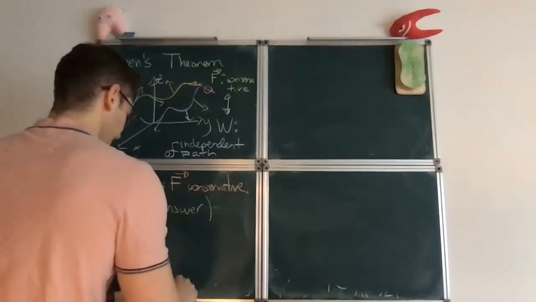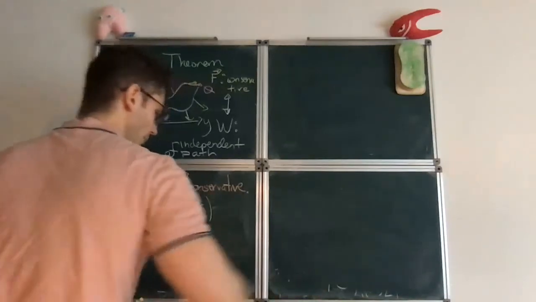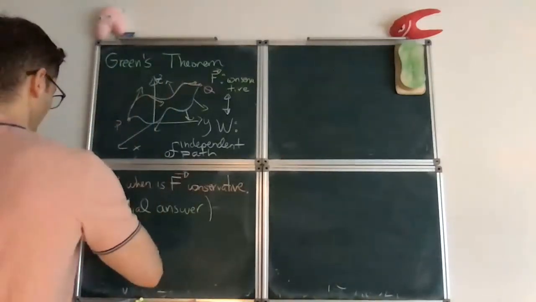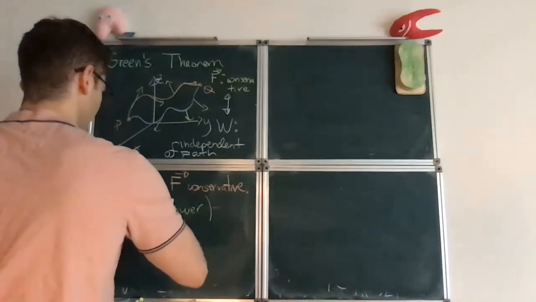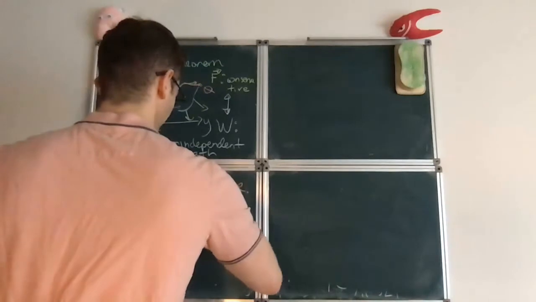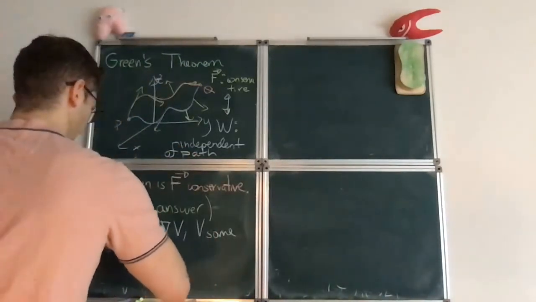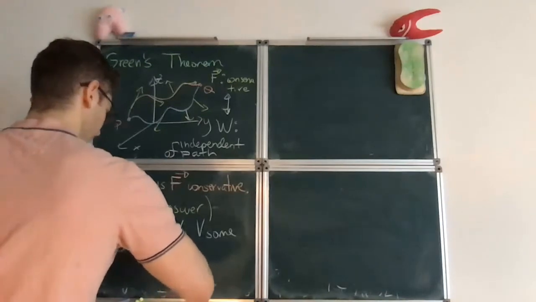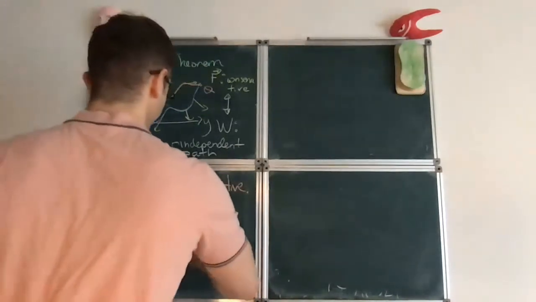right, was that if F admits a potential function, if F is the gradient of some scalar field, then F is conservative.